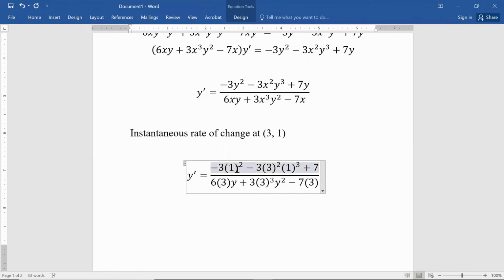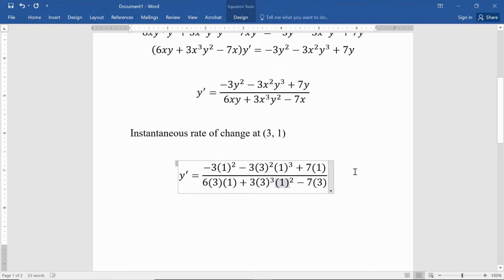We're going to get an instantaneous rate of change or a slope of the tangent line. So the derivative at (3, 1), or the instantaneous rate of change at (3, 1), or the slope of the tangent line at (3, 1). Those are all terms meaning the same thing. Those happen by plugging in these numbers.